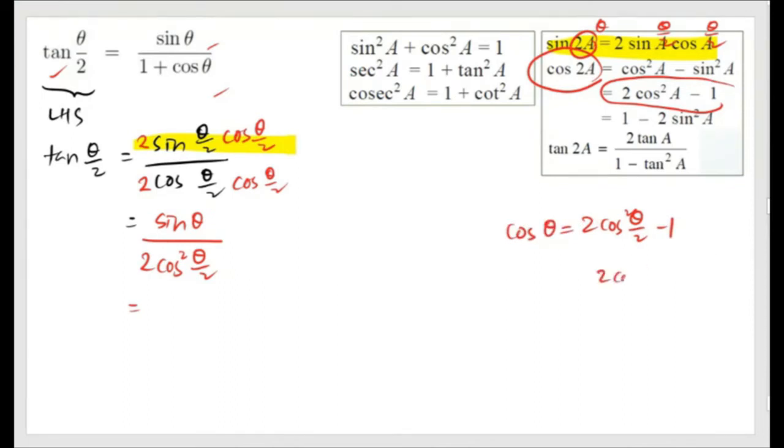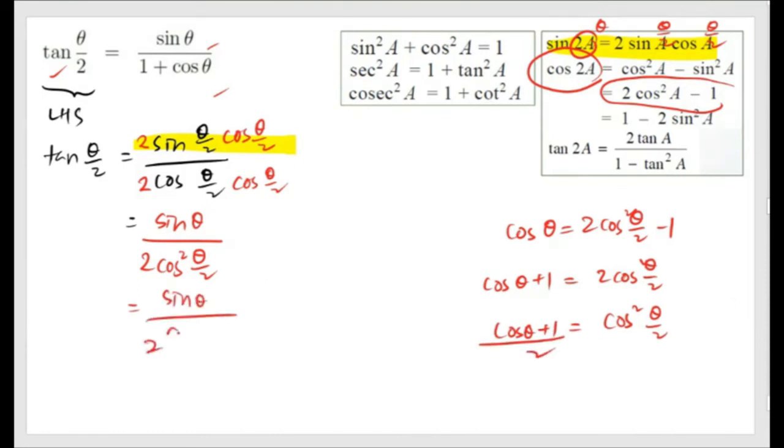So 2 cos square theta over 2 equal to cos theta plus 1. Then 2 move up, so cos square theta over 2 equal to cos theta plus 1 divided by 2. So sine theta over 2 cos square theta over 2, this one move inside, cos theta plus 1 over 2. Okay, cut. So we get sine theta over 1 plus cos theta.